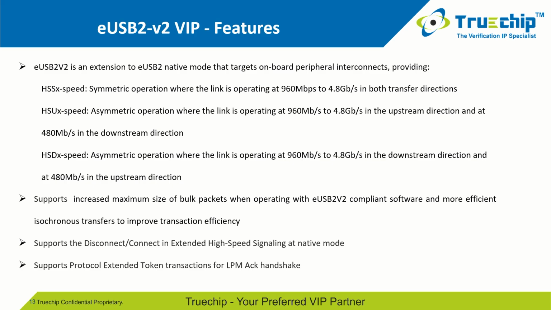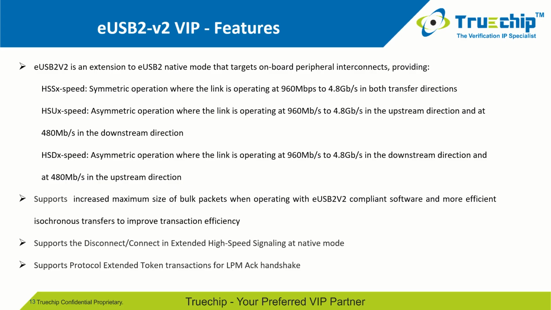Our VIP supports symmetric operation where the link is operating at 960 Mbps to 4.8 Gbps in both transfer directions, and asymmetric operation where the link is operating at 960 Mbps to 4.8 Gbps in the upstream direction and at 480 Mbps in the downstream direction, or where the link is operating at 960 Mbps to 4.8 Gbps in the downstream direction and at 480 Mbps in the upstream direction.